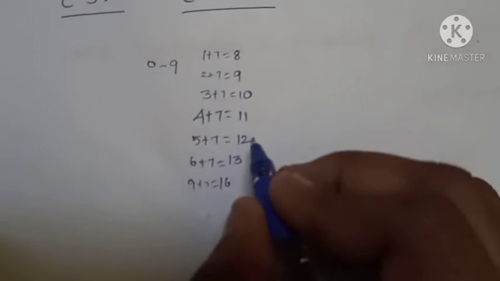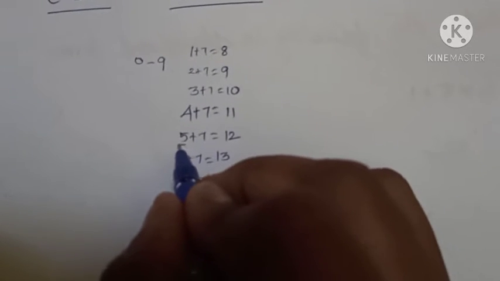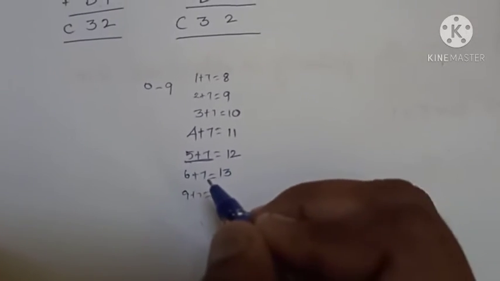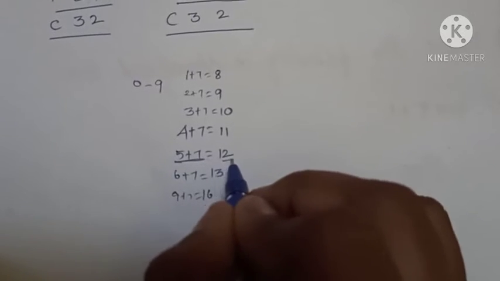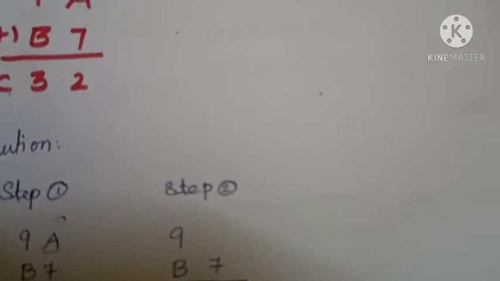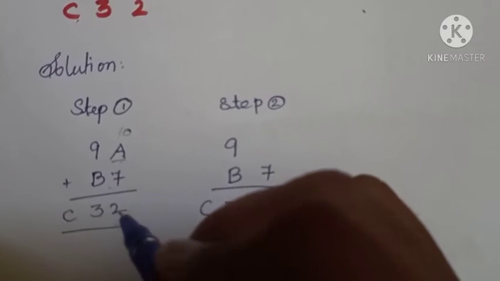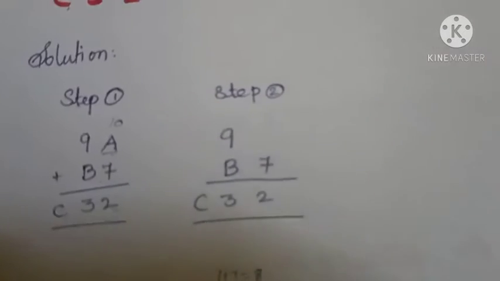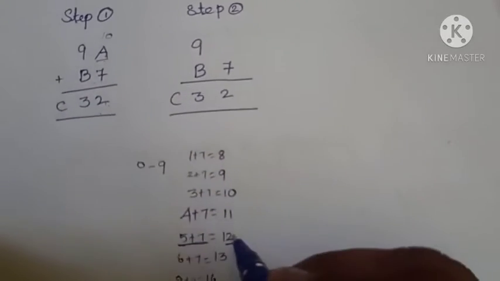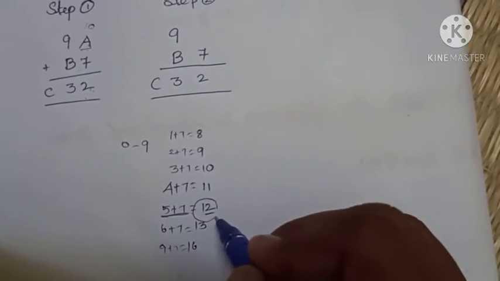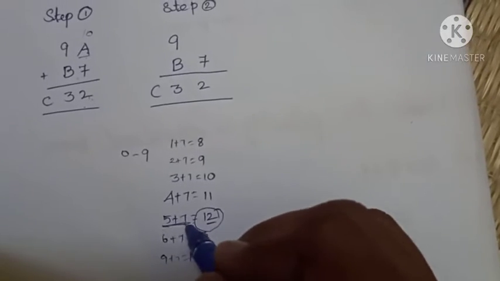Here you can see, you take 5 plus 7, we get 2. So we need A plus 7 equal to 2, so 2 is in the ones place. If you observe all these possibilities, you get 2 when you add 5 with 7.